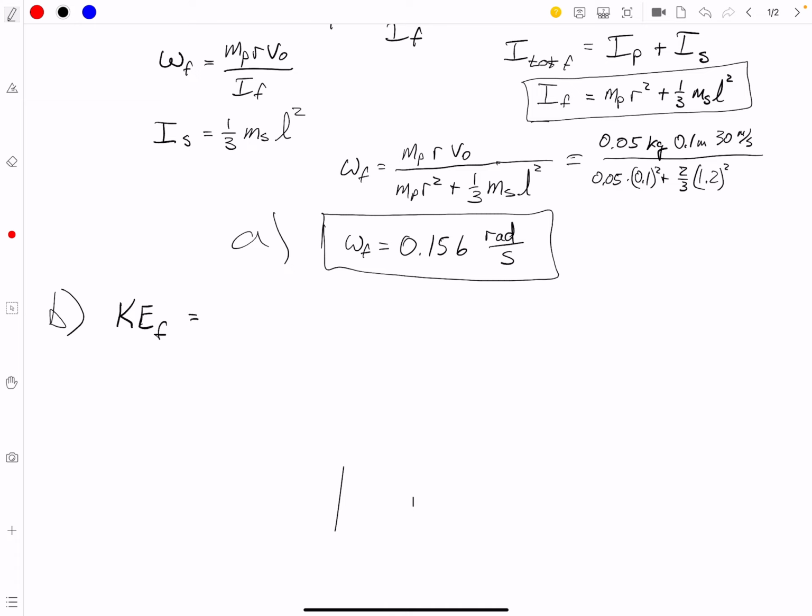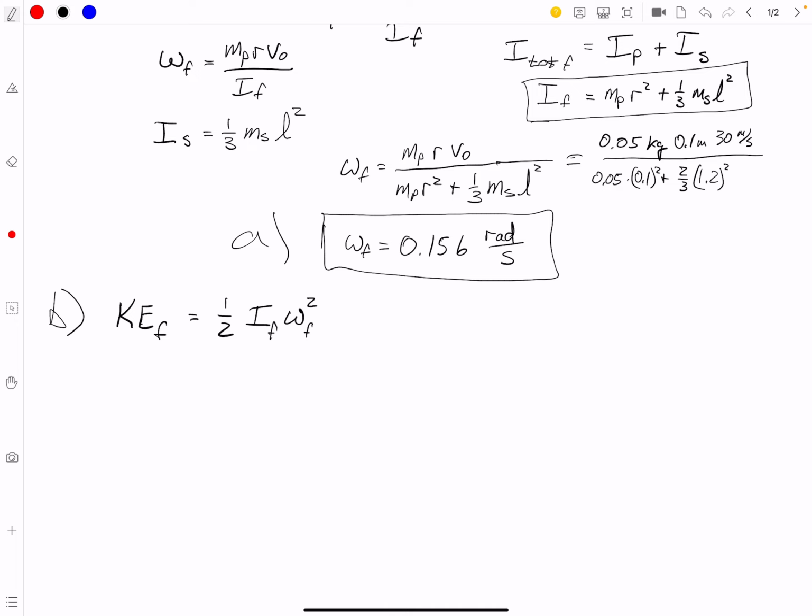Well, kinetic energy in the rotational sense is 1/2 your moment of inertia times your angular velocity squared. And if we're dealing with the final, we're dealing with the final of both of those. So we have to use what we have up here for the final of both of those.